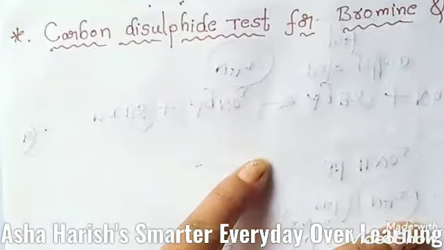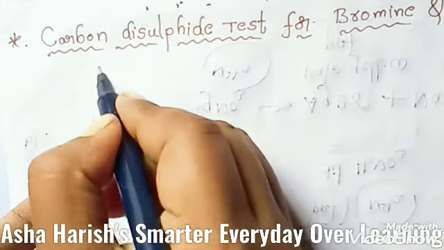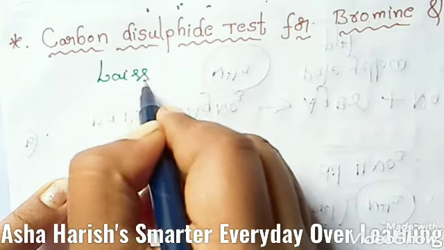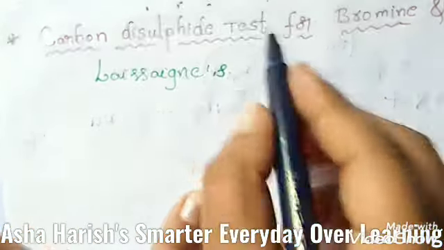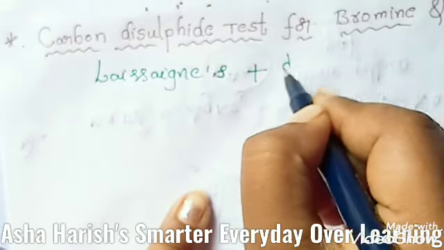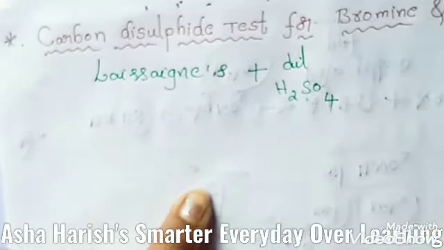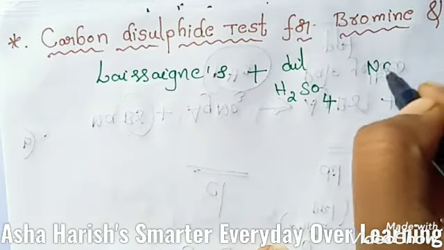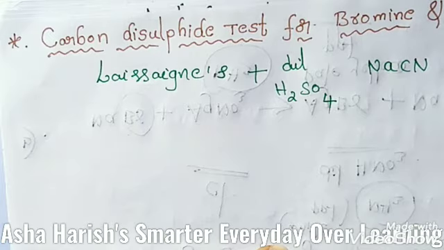Here a small portion of the Lassaigne extract you need to take. The Lassaigne extract is boiled with dilute sulfuric acid, H2SO4, to decompose sodium cyanide and Na2S, that is sodium sulphide.